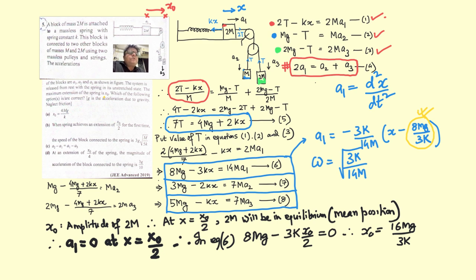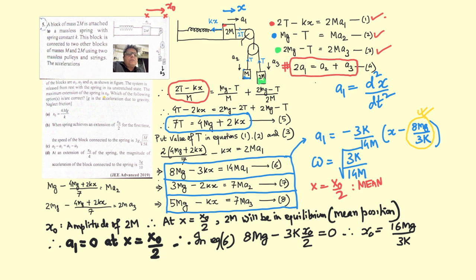So x naught by 2 is the amplitude, not x naught. When it goes from extreme to amplitude, it is at the mean position. So x equal to x naught by 2 corresponds to the equilibrium position for the block 2m attached to the spring.